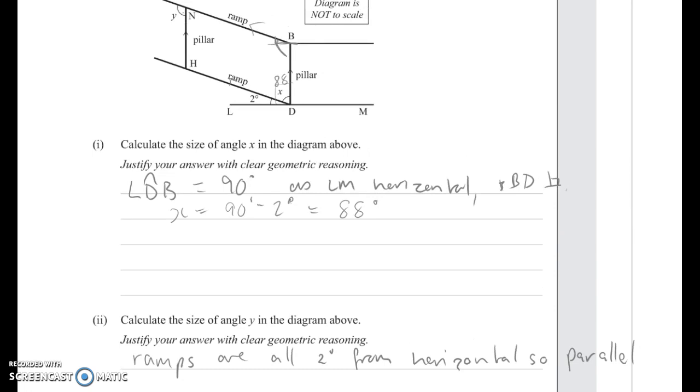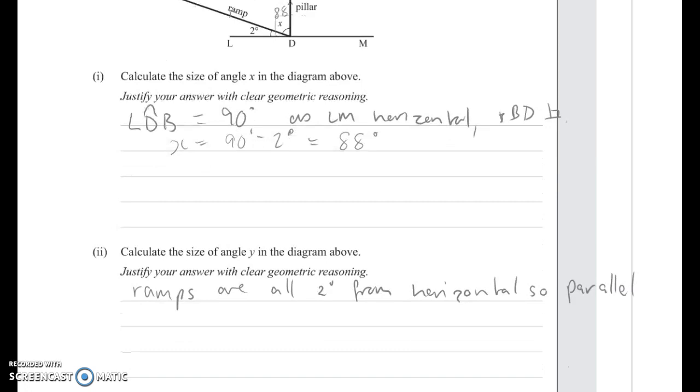So NBD plus BDH equal 180 degrees, and they are co-interior angles. Co-interior angles are supplementary, and I have to say parallel lines.